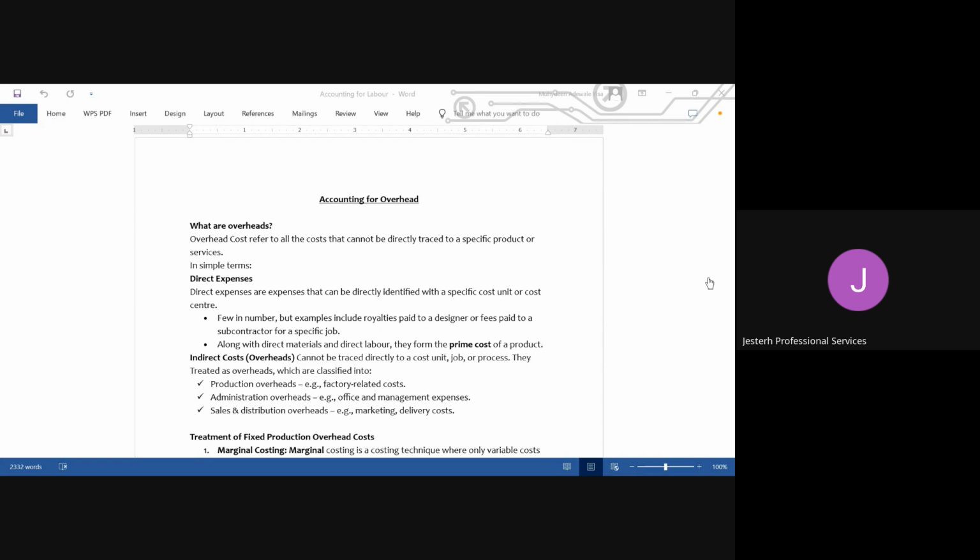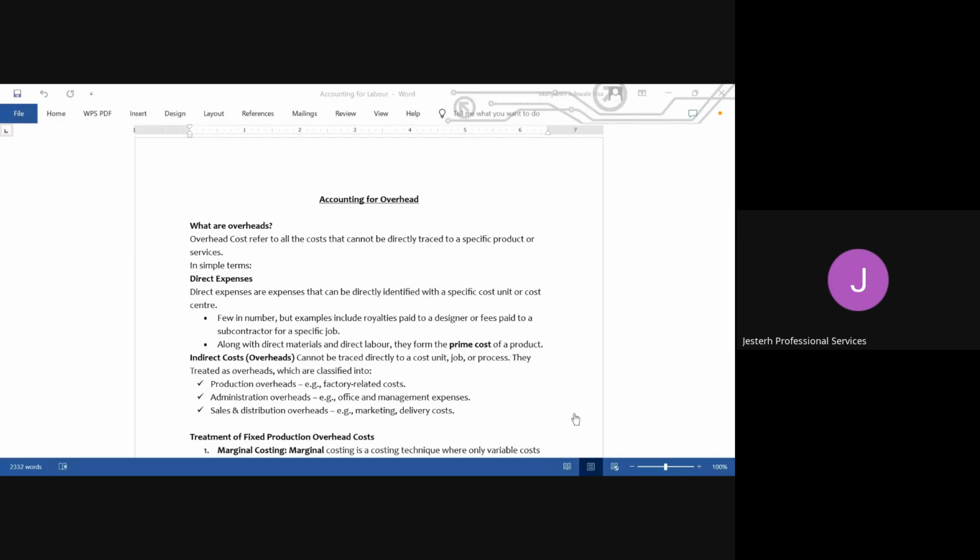It shows, sir, that you really understand what we did. The purpose of the last class, like you mentioned, is all about how to account for labor, which we know is one of the key pillars in every organization to help them carry out their production activities to achieve their goals.